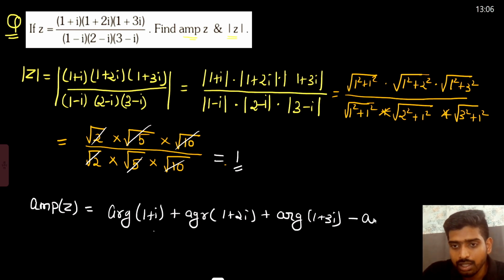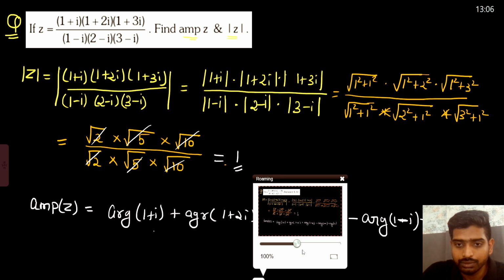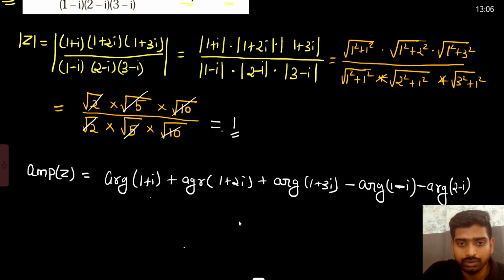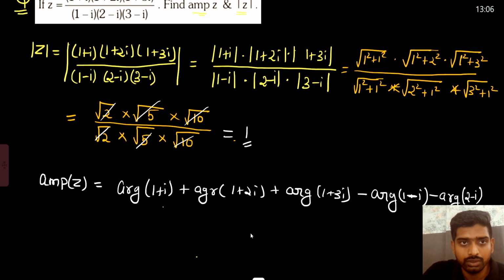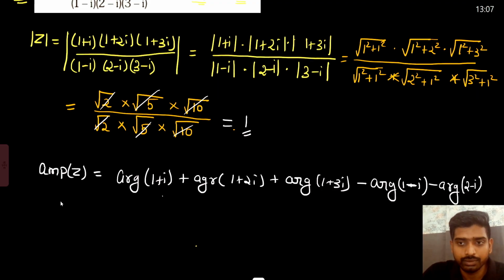So minus argument of 1 minus iota, minus argument of 2 minus iota, minus argument of 3 minus iota.